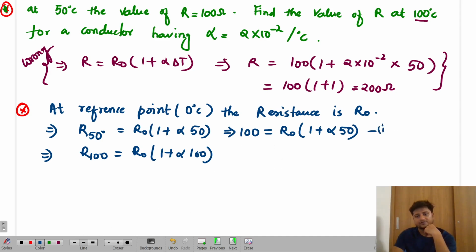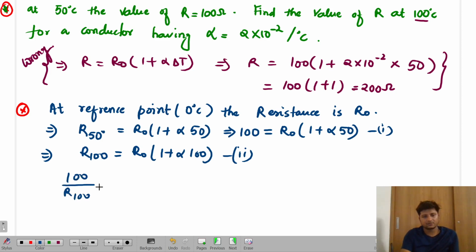So let us consider this as the first equation, this as the second equation. Can I divide first and second or not? So what I will get? 100 by R of 100 is equal to R naught (1 plus alpha into 50) divided by R naught (1 plus alpha into 100).